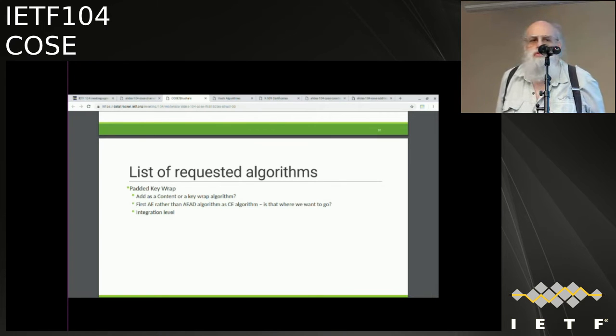The one pushback that I have about doing this is that it's going to be our first AE algorithm only. So it is not an AEAD algorithm as near as I can tell. I don't believe there is a version which is. Is there? Okay, I couldn't find it. We'll have to sit down and look.